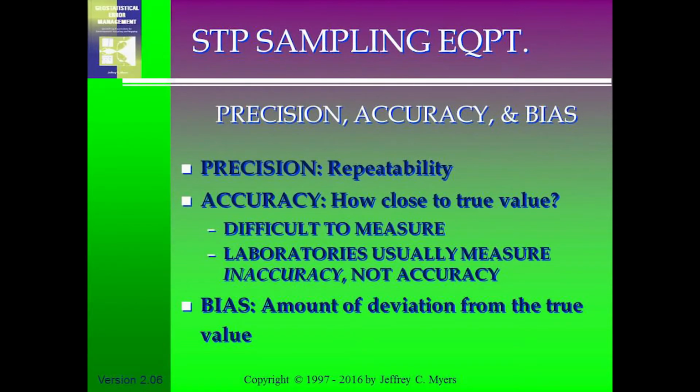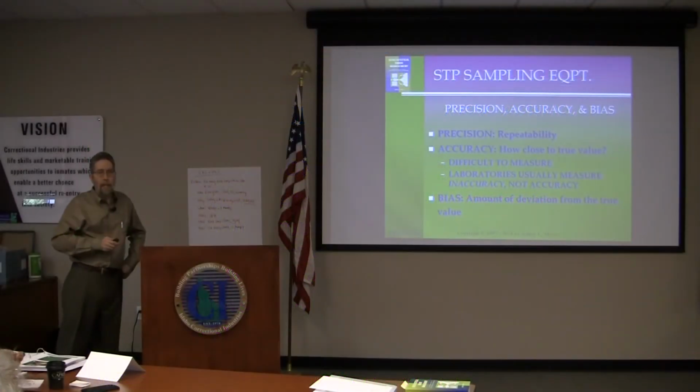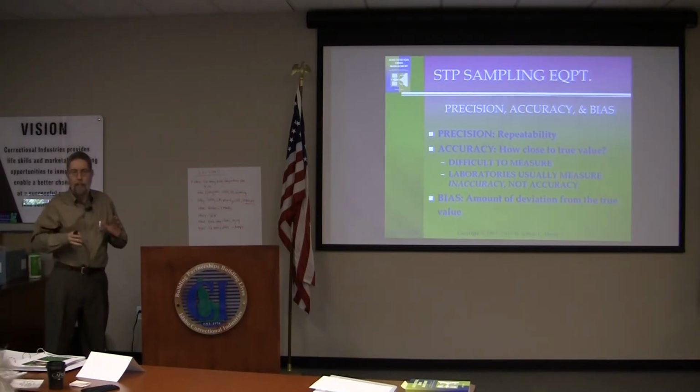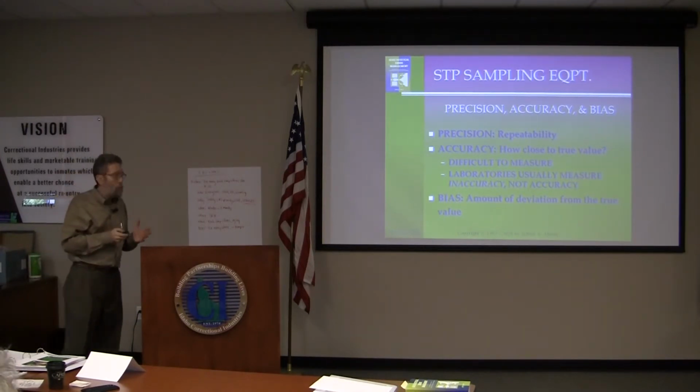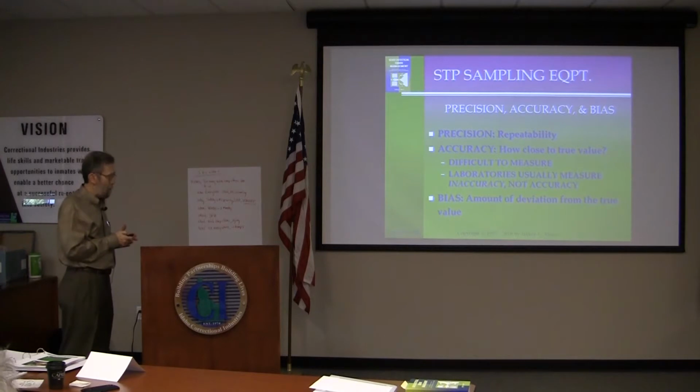Okay, well, why are we concerned about correct versus incorrect sampling devices? Well, it goes back to an issue that's associated more with laboratories, and that is precision, accuracy, and bias. And this rolls into statistics, of course. We want to define those because precision and accuracy are sometimes a little bit confused. They're sort of related, but they're not the same thing.